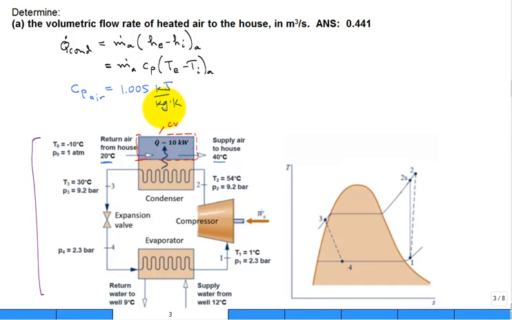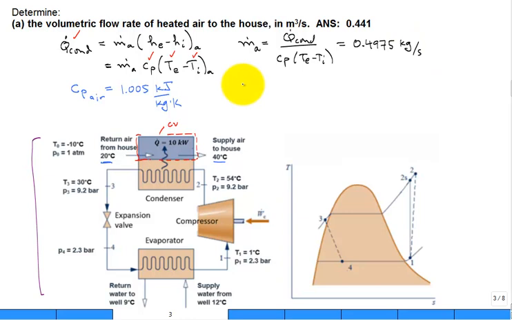Okay, so we've got the specific heat, we have the two temperatures in and out, and we know the heating rate from the condenser. So we solve for the mass flow rate of the air: Q dot divided by C sub P times temperature exit minus temperature inlet. And the mass flow rate of the air comes in at 0.4975 kilograms of air per second.